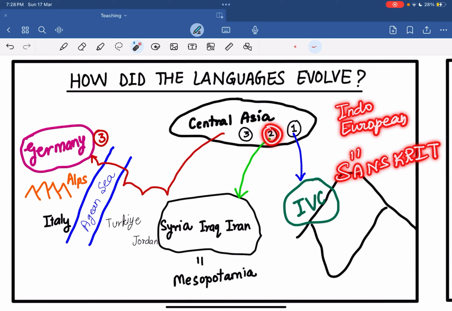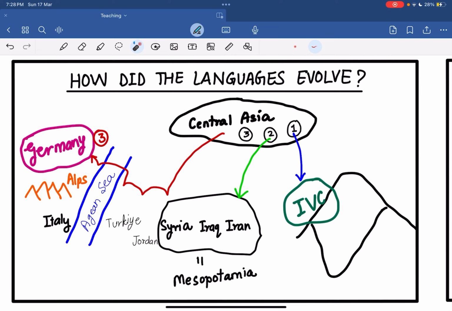When we talk about group number 2, the group that settled in parts of present Iran, Iraq, Syria, the Indo-European that group number 2 spoke evolved and became Persian. When we talk about group number 3 here, the group number 3 originally spoke the Indo-European language. This Indo-European language, when reached parts of Germany and had evolved, became Latin.